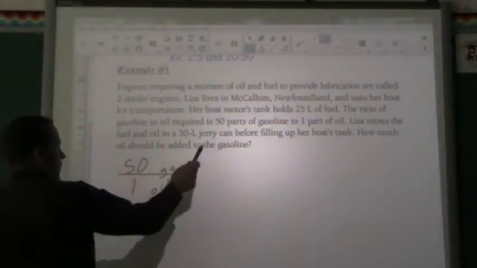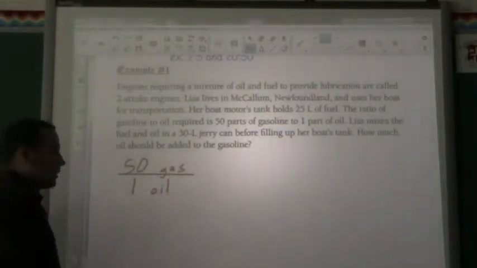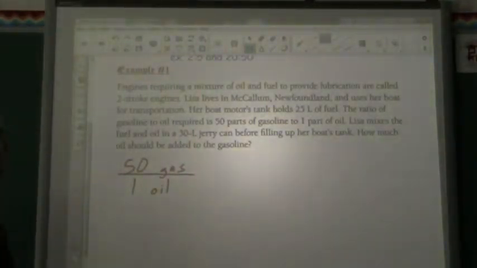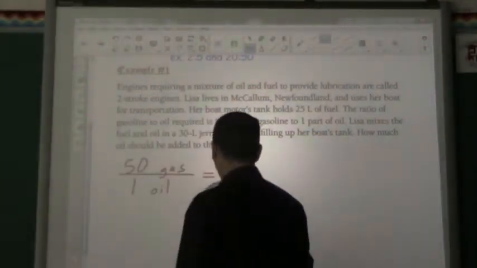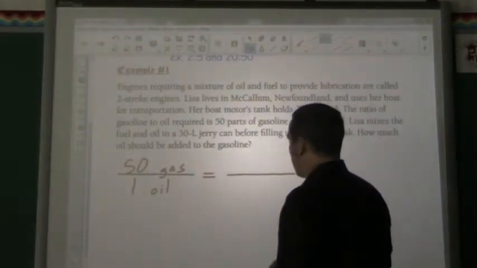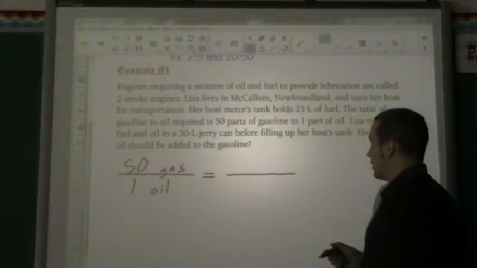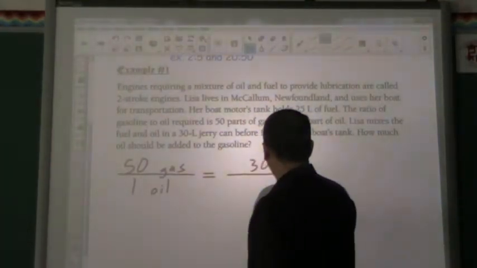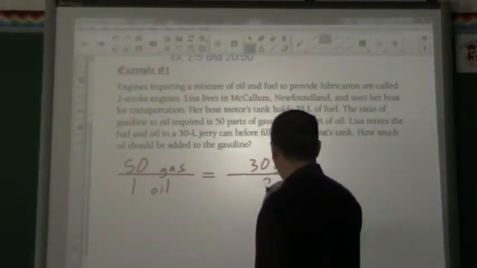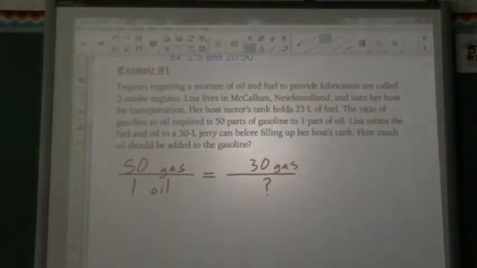And I have a 30-liter jerry can, and I want to fill that up and add the oil to it. We have to figure out how much oil I add to that. So you say, well, I need the equivalent ratio, except this time, instead of 50 of the gas, I have 30 of gas. I need to know how much oil goes with that.